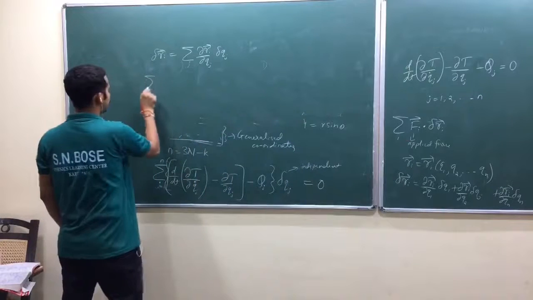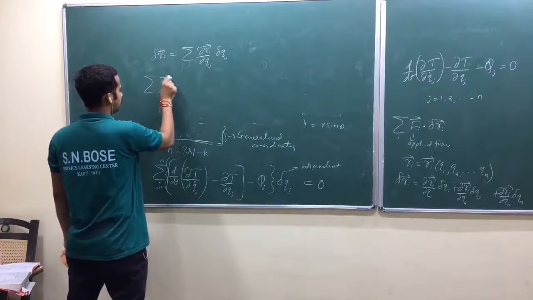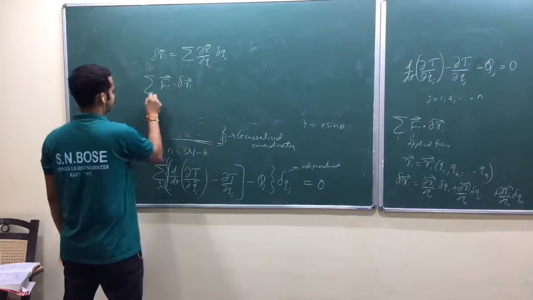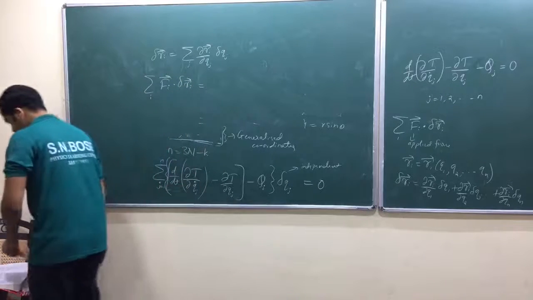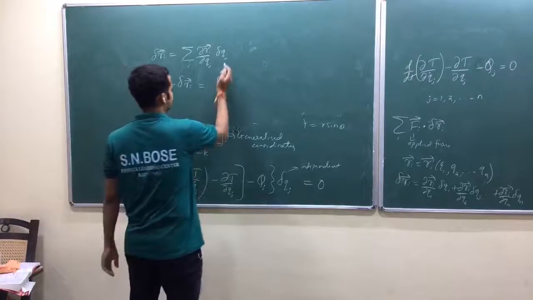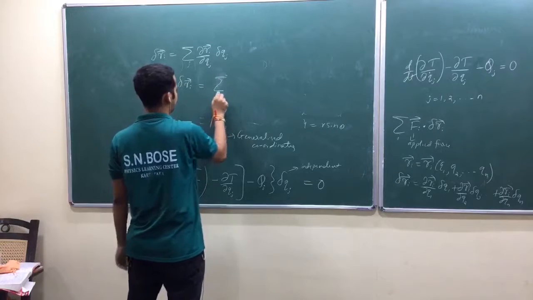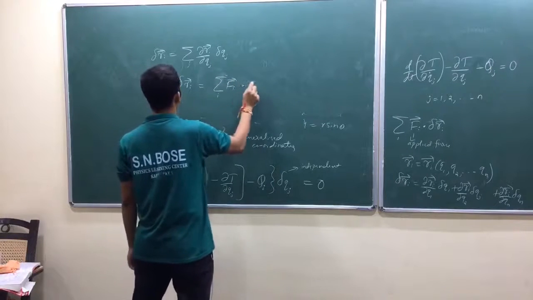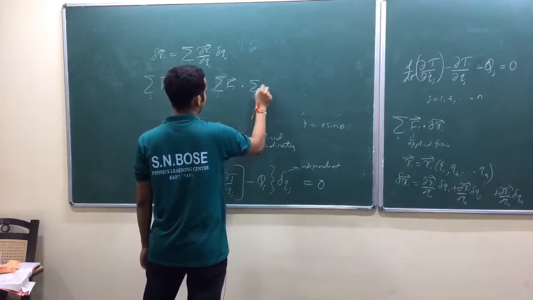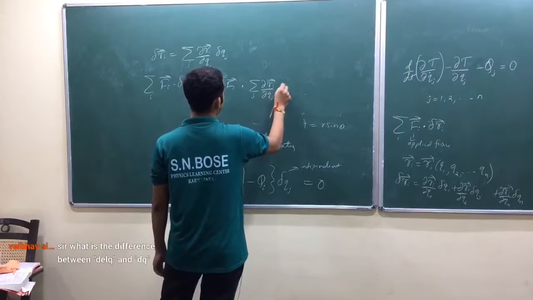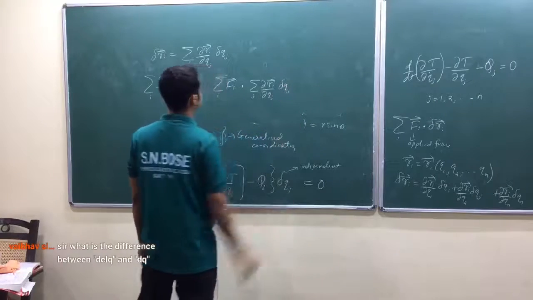So summation over i of Fi dot δRi vector is equal to summation over i of Fi, the applied force usually, dot product with summation over j ∂Ri/∂Qj into δQj.